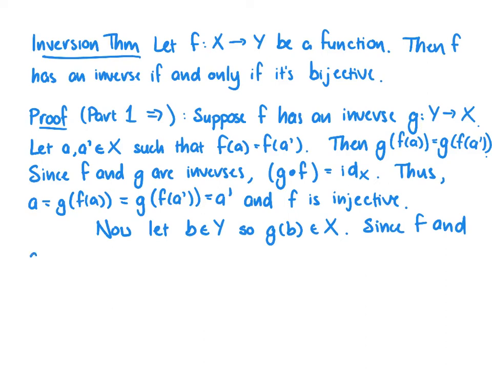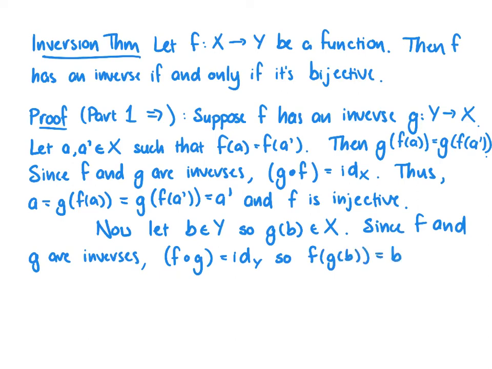So since f and g are inverses, now we're composing in the opposite order. We have the following: f composed with g is equal to the identity function on y. So when you plug in elements from y, it just spits the same elements back out. So what does this mean? This means that f of g of b is equal to b.